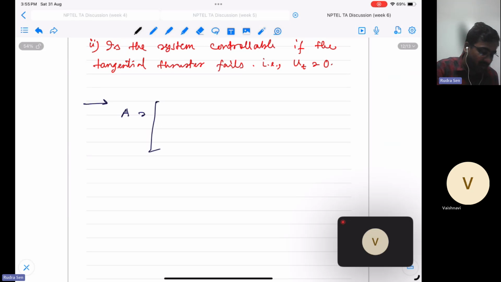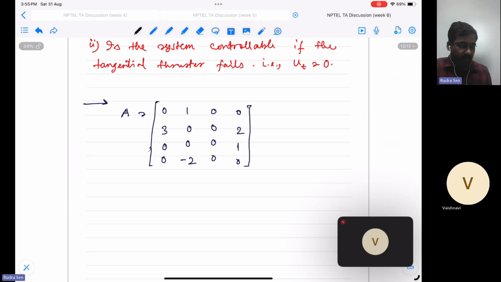Since it's 1, it is not that difficult. So it's 0, 3, 0, 0, 1, 0, 0, minus 2, 0, 0, 0, 1, and 0, minus 2, 1, 0. This is the A matrix, right?